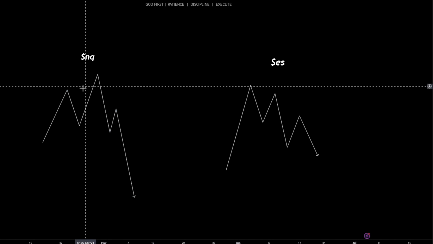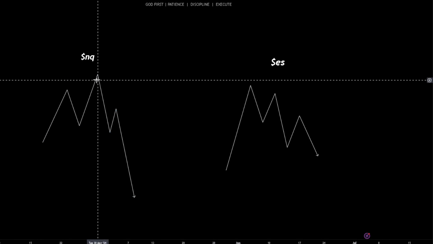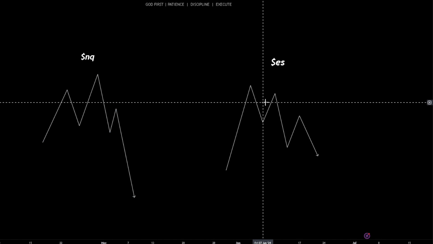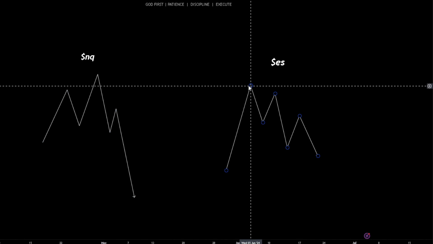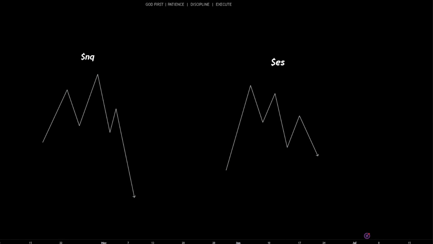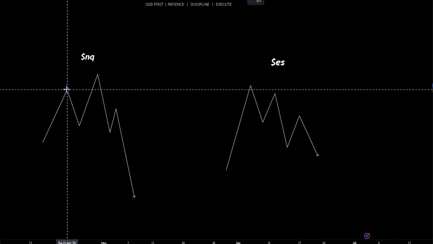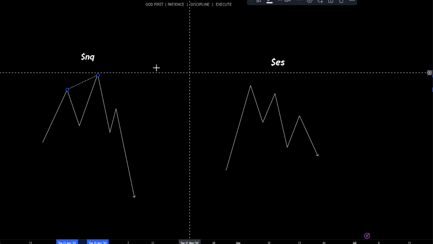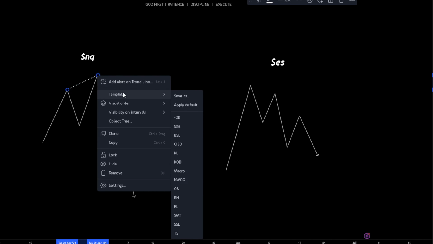As you can see on NQ, we took this high, we had this lower high, and then we made a higher high. And then on ES, we had this high and made a lower high. So this is our SMT. It's because on NQ we took out the high, but on ES we didn't. So right here is our SMT.